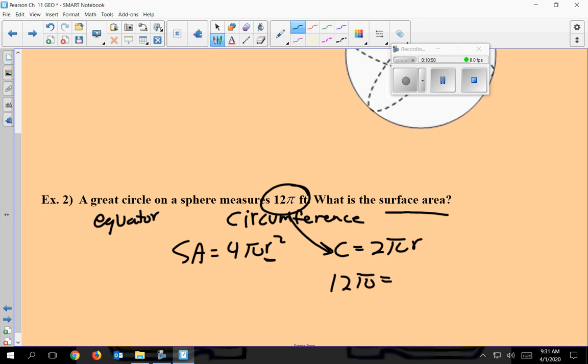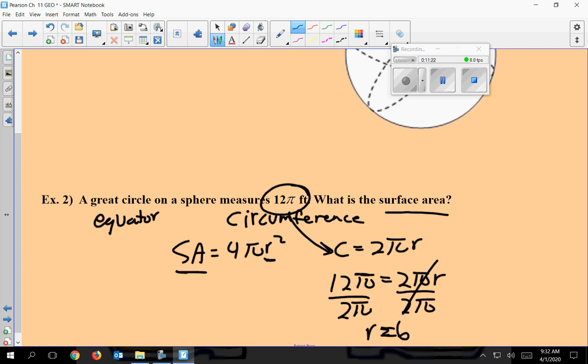Sorry, that's a pi symbol. My pi symbols aren't very good today. I can set that problem up, and can I solve this for r? So yeah, I can, because if I divide both sides by 2 pi, and I don't even have to change pi to 3.14, it's going to cancel out over here. That's going to get me a radius of 6. So now I've got the radius being 6.